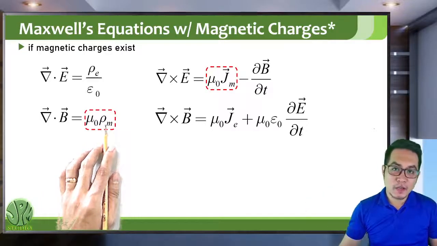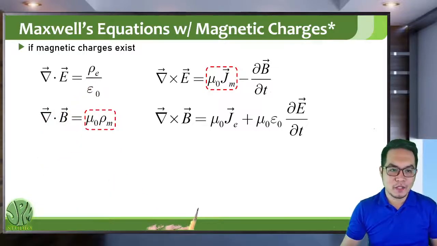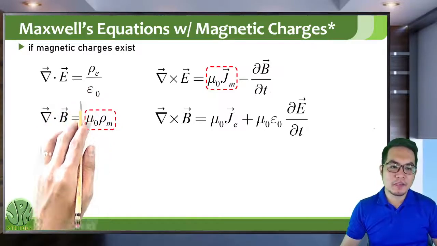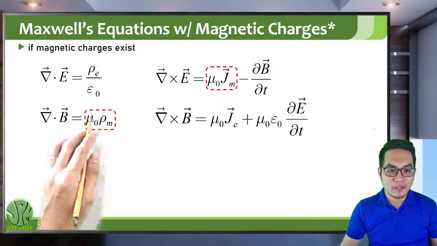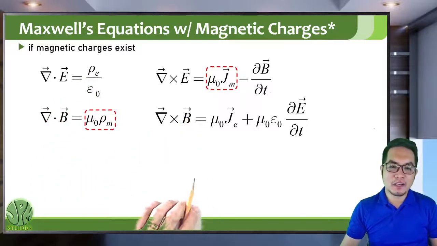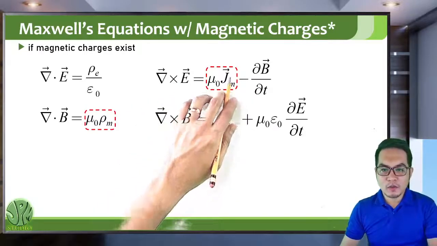Rho m is the magnetic volume charge density, and rho is the electric charge density. So they are now symmetric. The divergence of E and the divergence of B are now totally symmetric. Similarly, the curl of E and the curl of B are also symmetric.